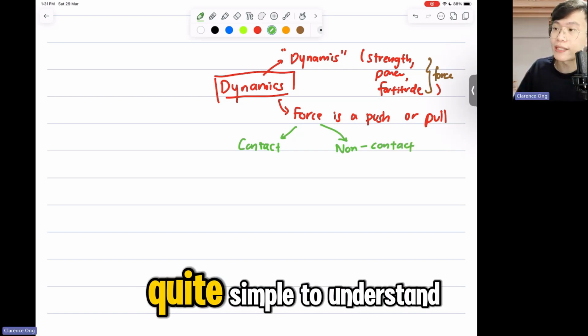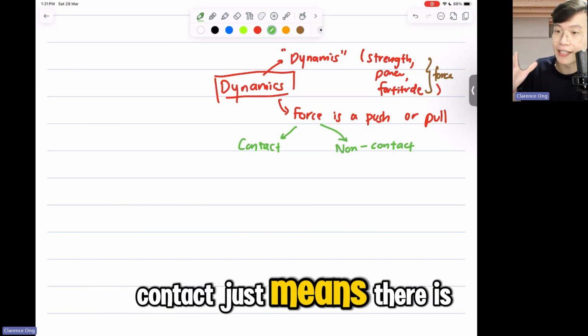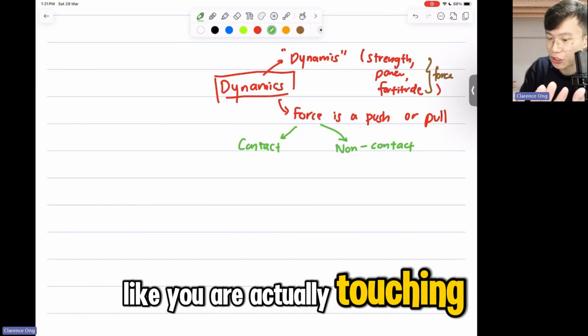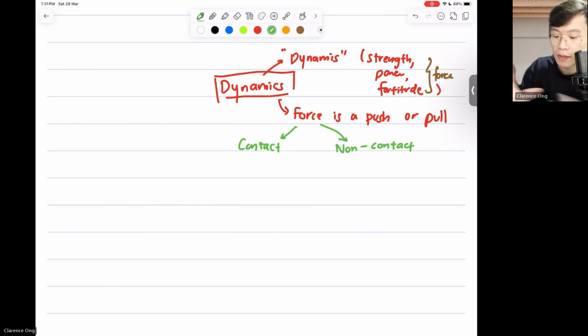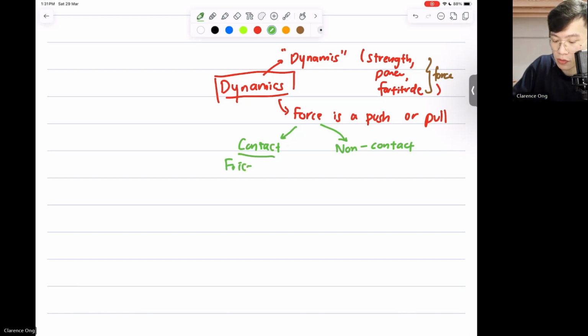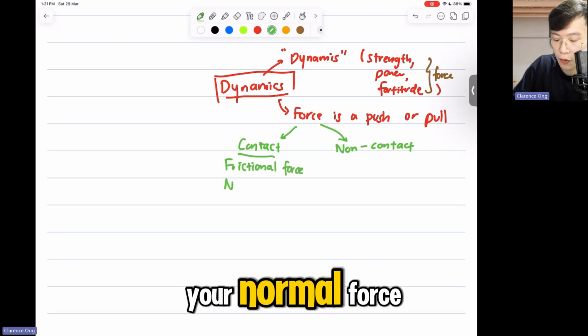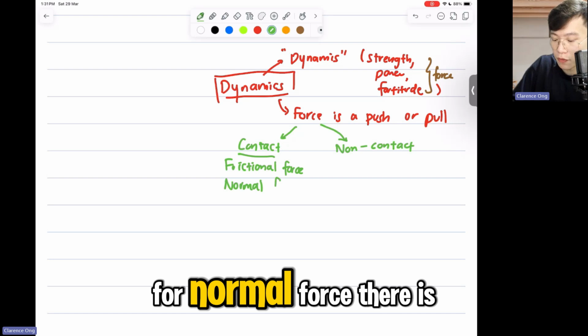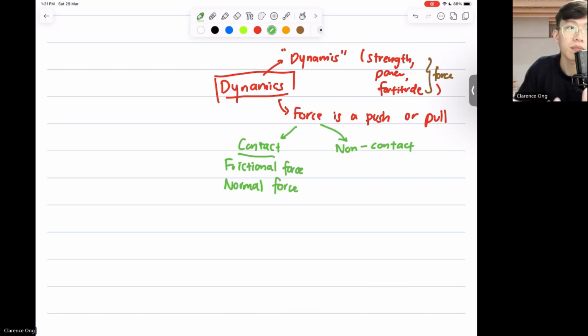Contact and non-contact is quite simple to understand. Contact just means there is contact, like you are actually touching the force. Examples include your frictional force, your normal force. For normal force, there is contact. Your tension.